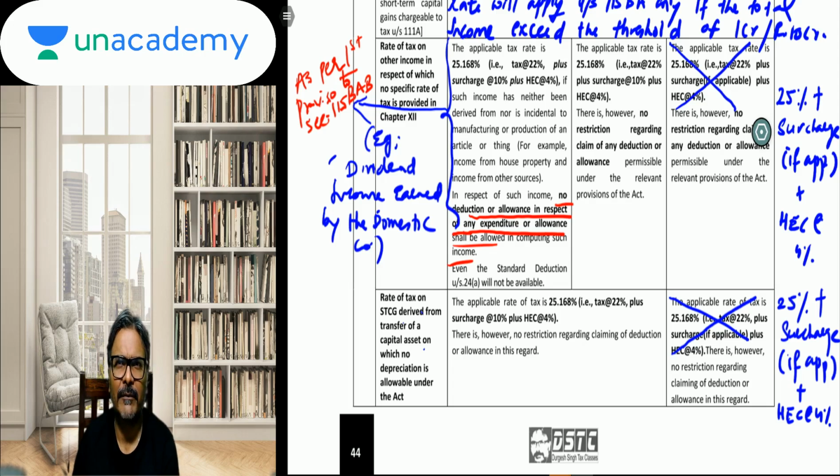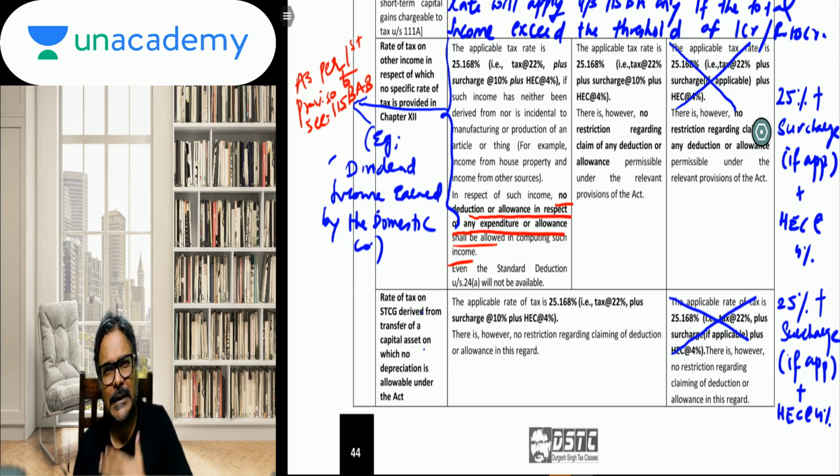Students, if a dividend income is earned by a domestic company, in the normal case, we all are aware that dividend income becomes assessable without deducting the expenditure. Let's take the normal provision first.